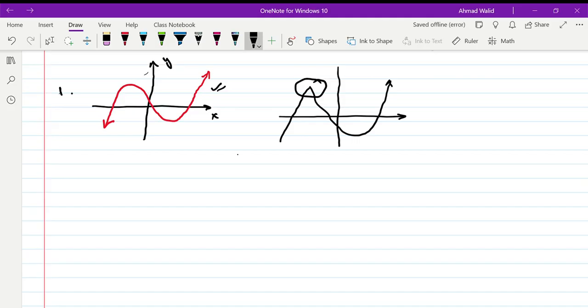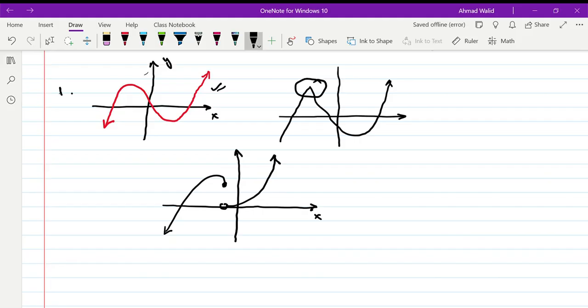Also, if you see a gap, it means your graph has two parts. Like this, maybe. This one will be a good example of having a gap. This is one function. It's not two functions. It's one function, maybe a piecewise defined function.